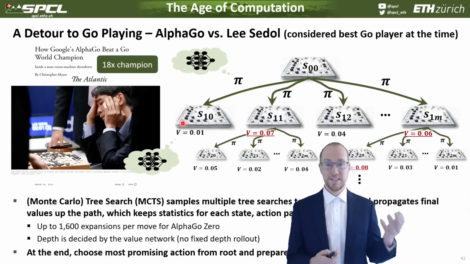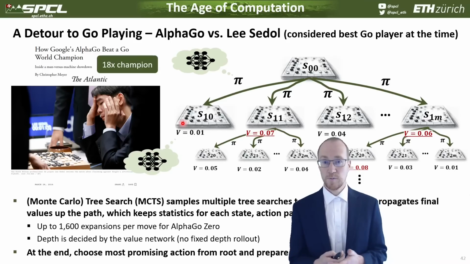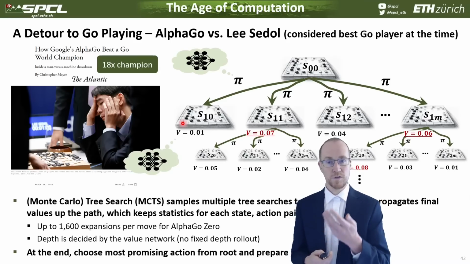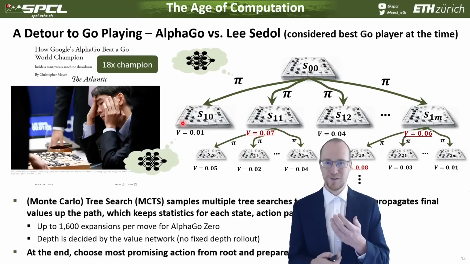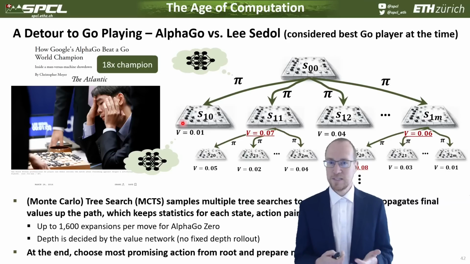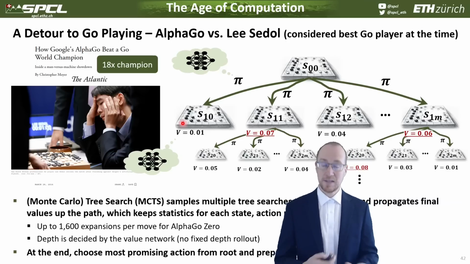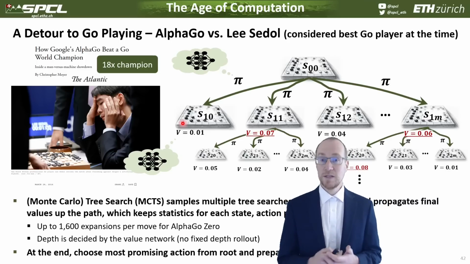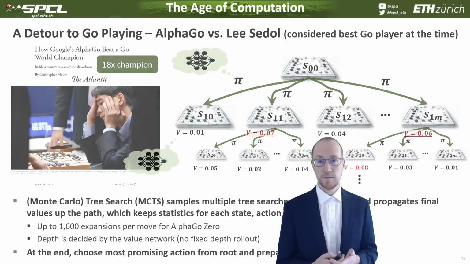AlphaZero performed significantly better than AlphaGo. And the difference between AlphaGo and AlphaZero is that AlphaGo was tainted, or was trained, based on human moves. AlphaZero learned it completely from scratch by itself, and it performed significantly better. So now we could argue that our reasoning, our human reasoning, may also taint the language models to be limited. And now these language models should learn themselves.